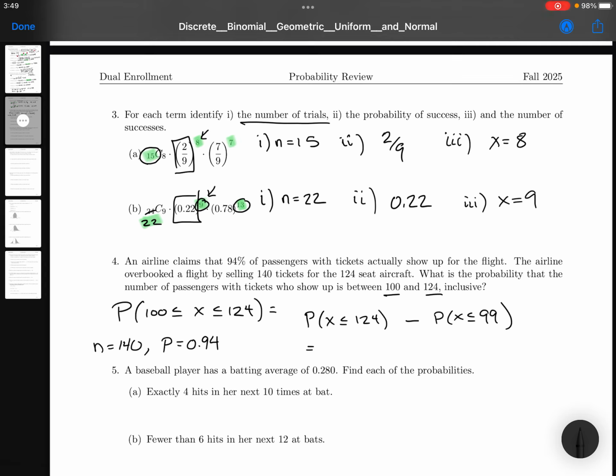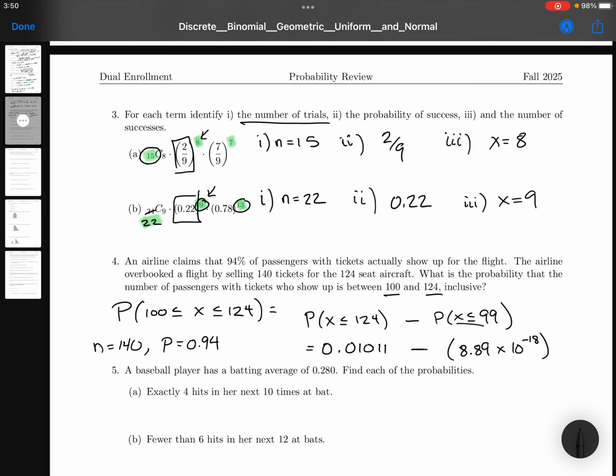So these are cumulative. So I go to my second distribution, binomial CDF, 140 trials, 0.94. I'm typing it in right now. This first number is about 0.01011 when you round, and the second value is 8.89 times 10 to the negative 18.